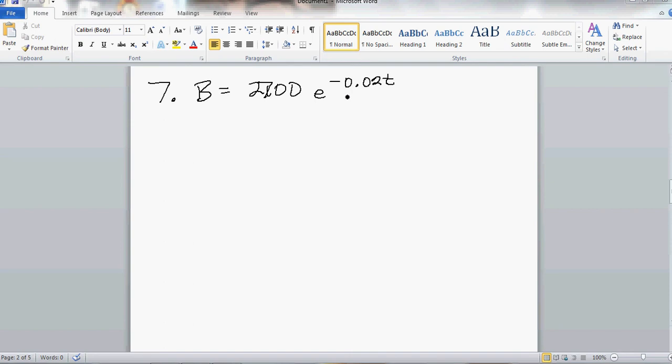How many acres will the landfill have after 5 years? So that's just a matter of putting in a 5 right there. So 2700 times e raised to the negative 0.02 times 5, that's negative 0.1. So 2700 e raised to the negative 0.1 ends up being approximately 2,443 acres.